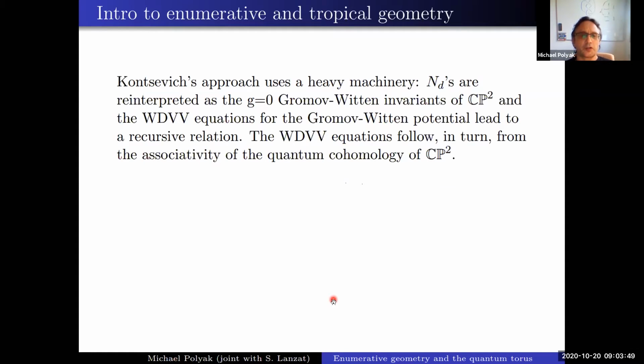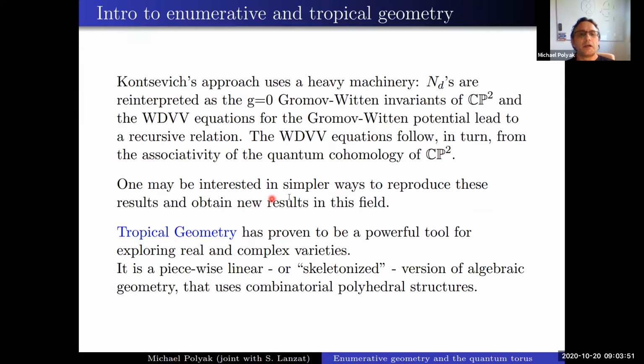So an obvious question is, are there any simpler ways to reproduce these results? And also, maybe some simple, hopefully even combinatorial ways to obtain new results in a similar field, along the same lines, some enumerative problems with tangency.